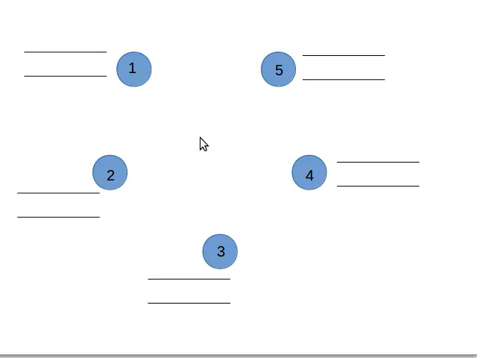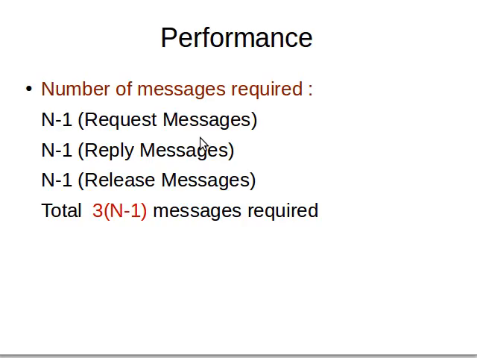So we have some metrics for mutual exclusion algorithms, and let us see them in this session. The first metric is the number of messages required. For a single entry into the critical section, how many messages are required?